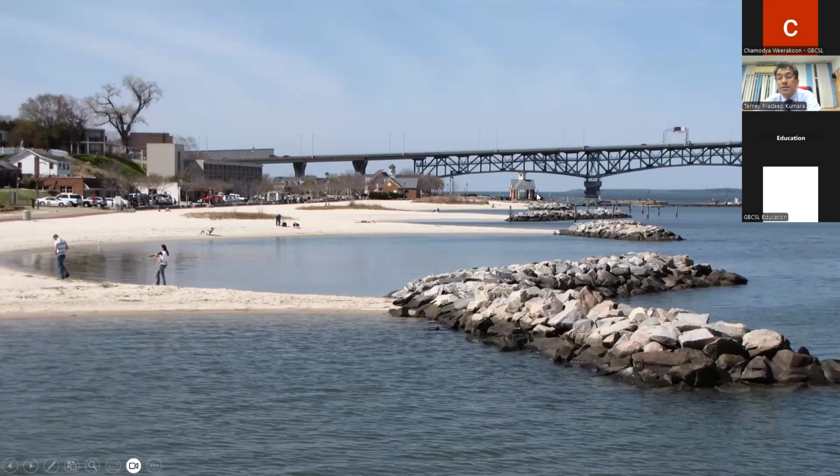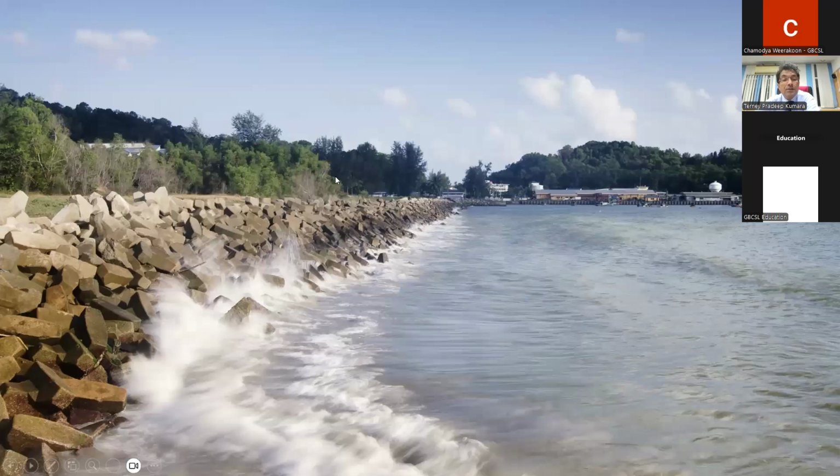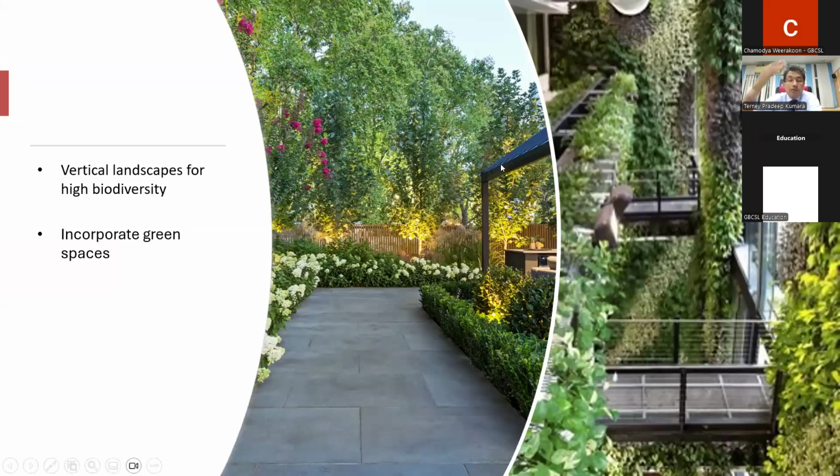Here you can see well-designed breakwaters that help to build sandy areas automatically. And we have to say no to these sorts of revetments, right? So we have to go for these options, right? Those are some green concepts and vertical landscape, right?